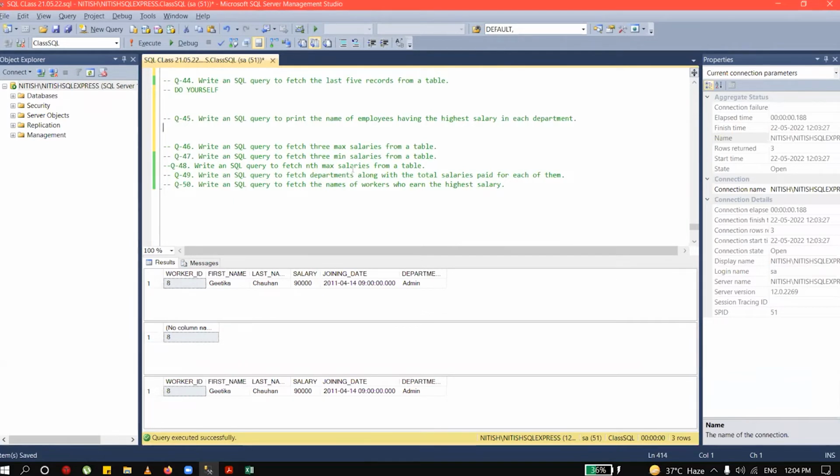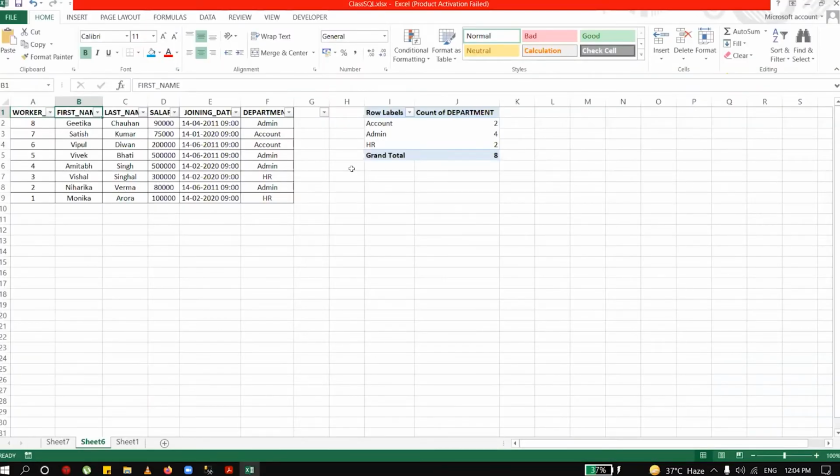Okay. Print names of employees having highest salary in each department. Highest salary in each department. Now, guys, for this you have to understand the window function thoroughly.